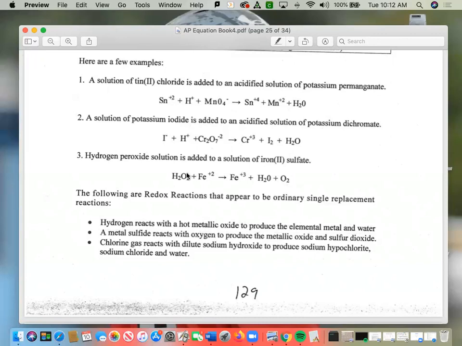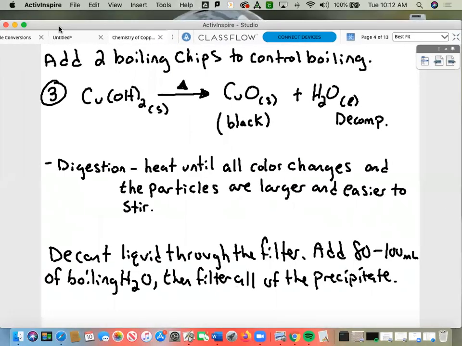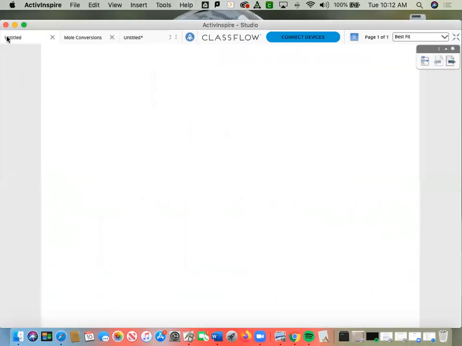So if I think this through, a solution of tin 2 chloride is Sn plus 2 and 2 Cl minuses.